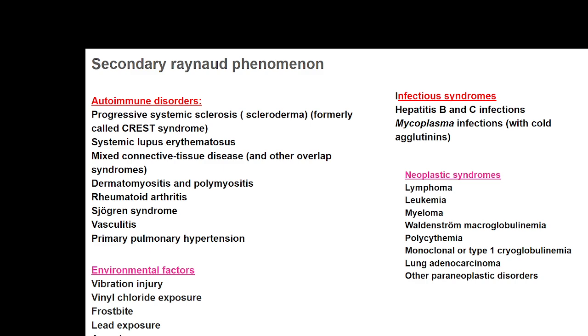Other connective tissue disorders which may overlap in symptoms include dermatomyositis, polymyositis, rheumatoid arthritis, Sjogren's syndrome, vasculitis, and primary pulmonary hypertension. Environmental factors include vibration injury, vinyl chloride exposure, frostbite, lead exposure, arsenic exposure, and organic solvents like xylenes. Infectious syndromes include hepatitis B and C and microvascular infections, and neoplastic syndromes include lymphoma, leukemia, myeloma, etc.